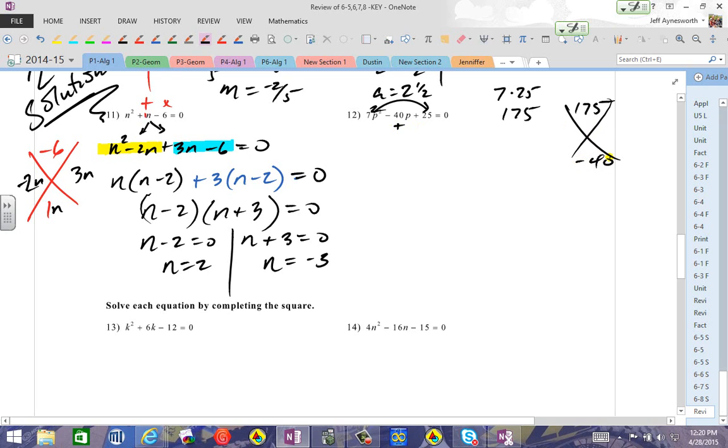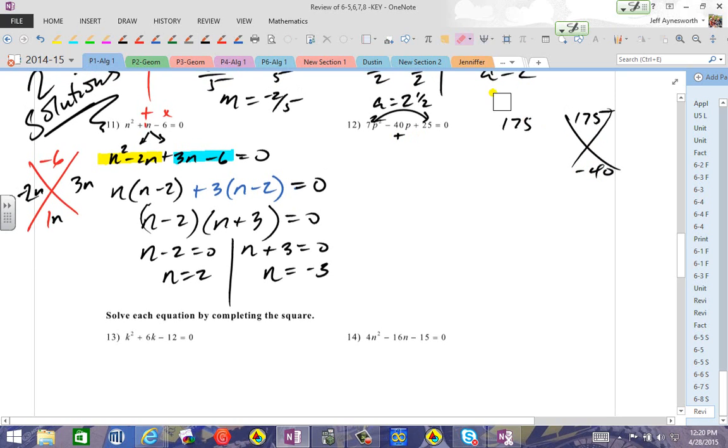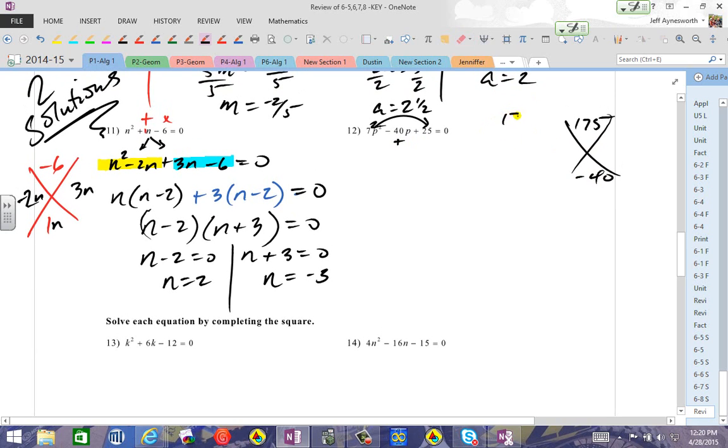The 175 came from 7 times 25. But if I factor 25, I get 7 times 5 times 5. So reordering, I can rewrite this as 5 times 35. 5 times 35 is 175, so those are my factors. If I make them both negative, negative 5 times negative 35 gives me positive 175, and if you add them you get negative 40.